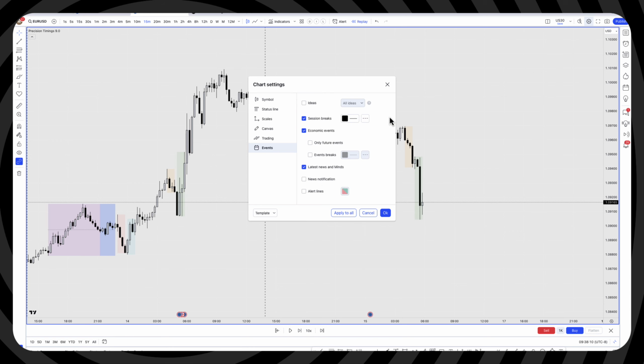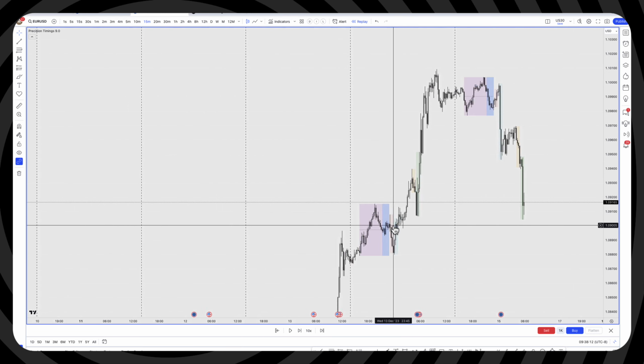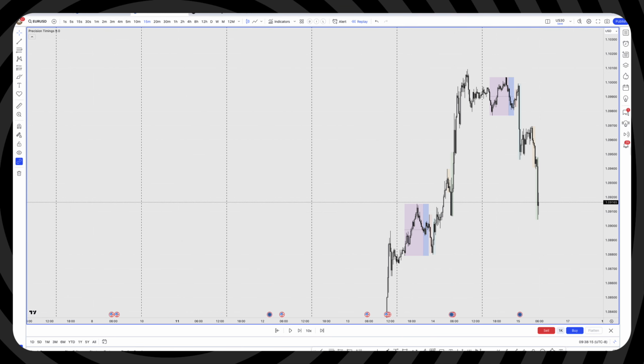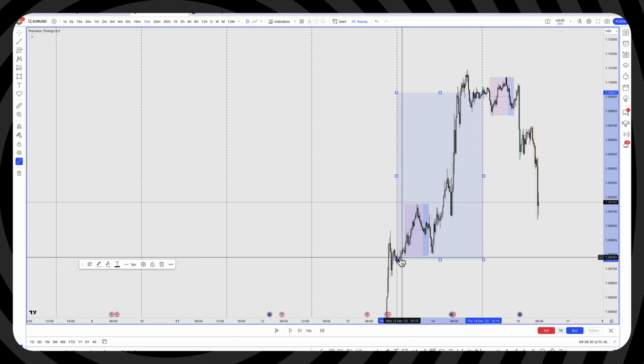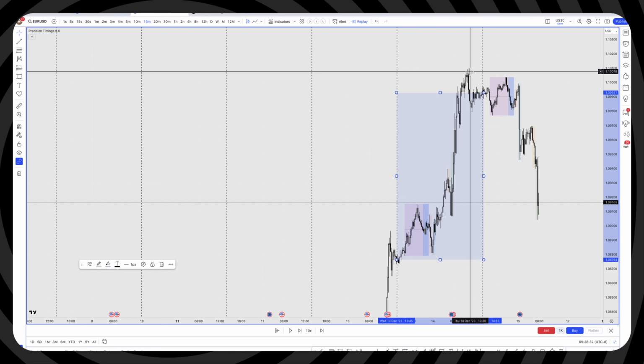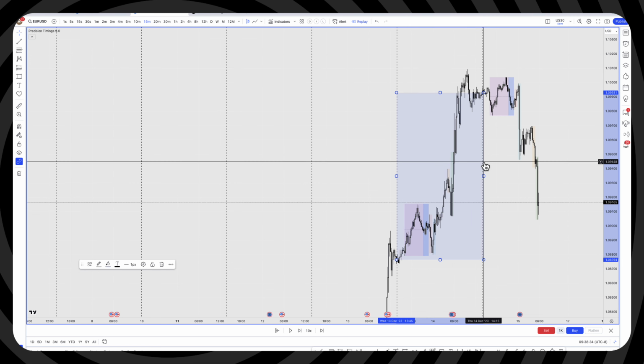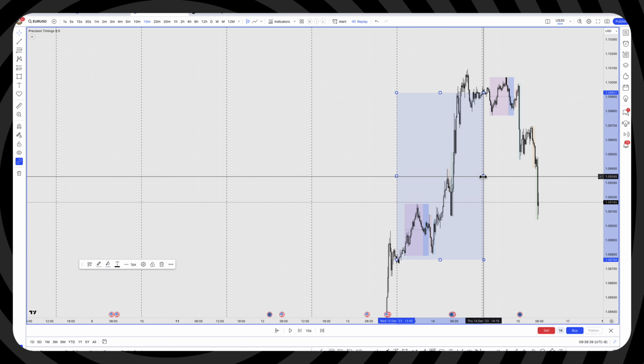Session breaks basically show us each market's opening price and closing price. Essentially, your daily candle would be from here to here. It opened here, came a little lower, came up, and price settled here. So the daily candle would basically look like this. As day traders, we're trying to anticipate the daily candle always.